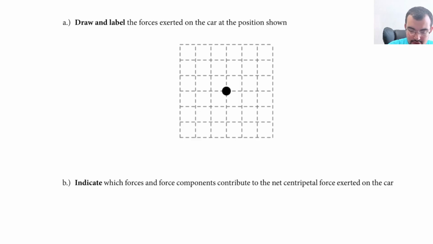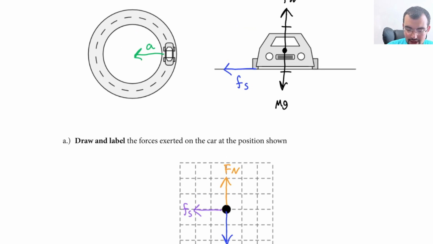So we can draw that where we have our gravitational force, we have our normal force, and then we are going to have a static frictional force that supplies our centripetal force. Make you purple because that's going to bother me.